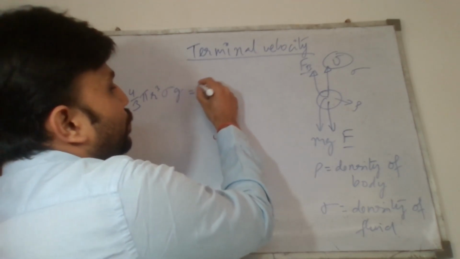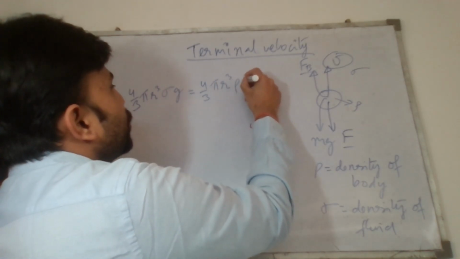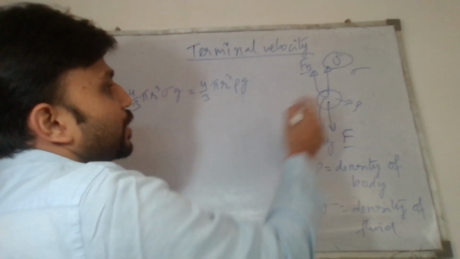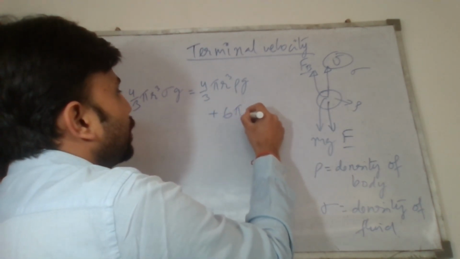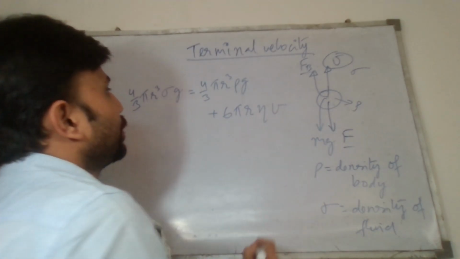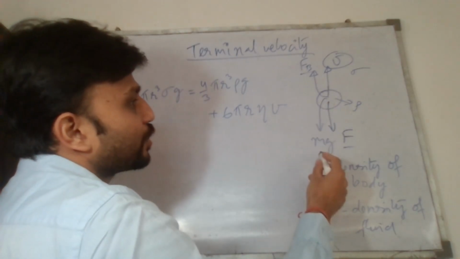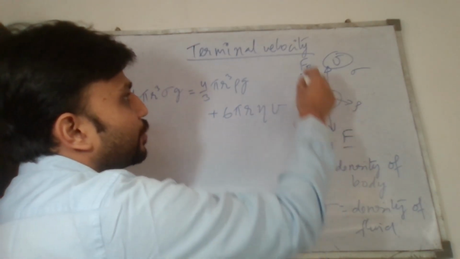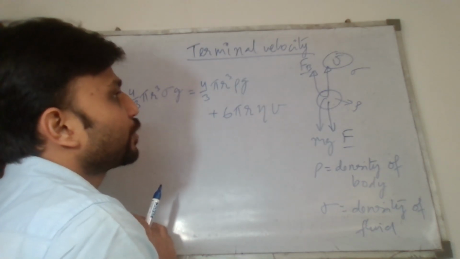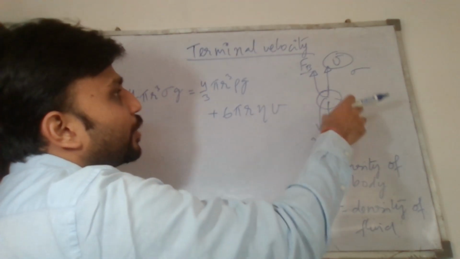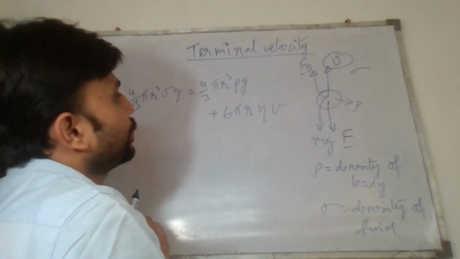That is equal to 4 by 3 pi r cube rho g, rho is density of the body, plus 6 pi r eta v. So these equations show that the gravitational force and the viscous force are being balanced by this buoyant force. So we're pushing the body, so body is coming upwards automatically with the speed v, right?